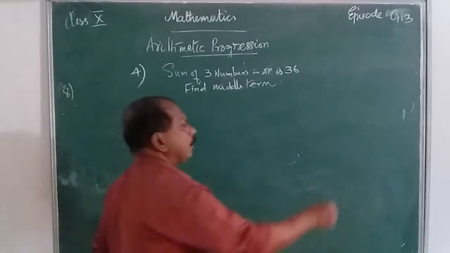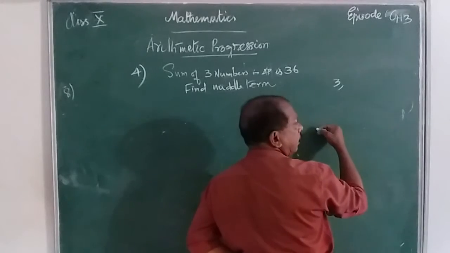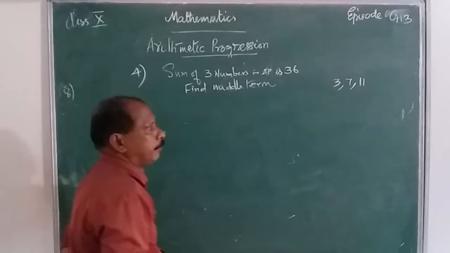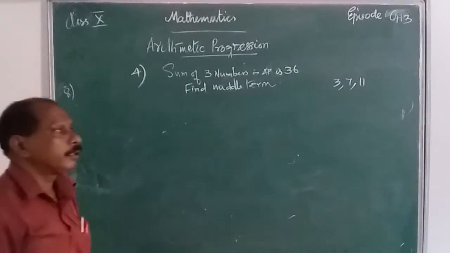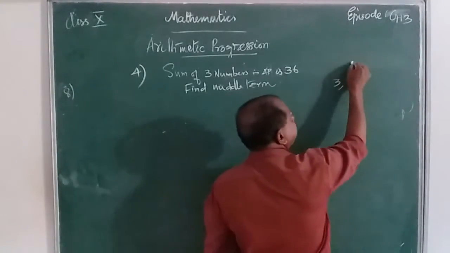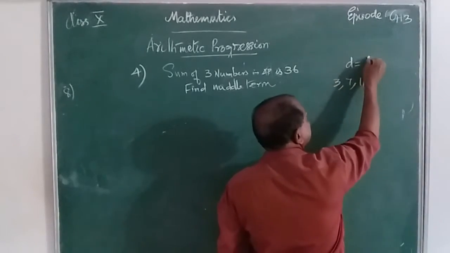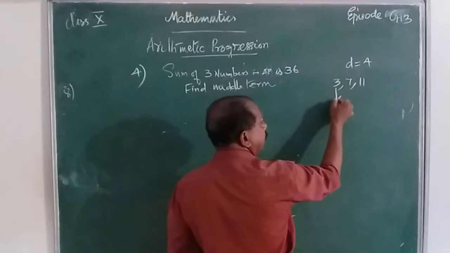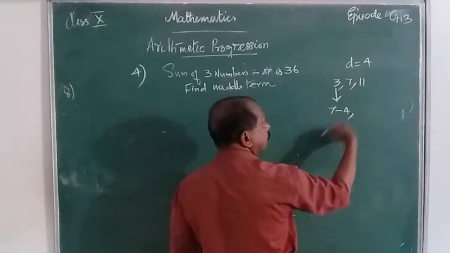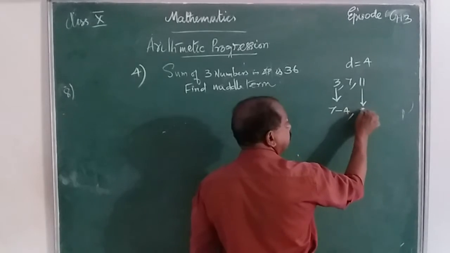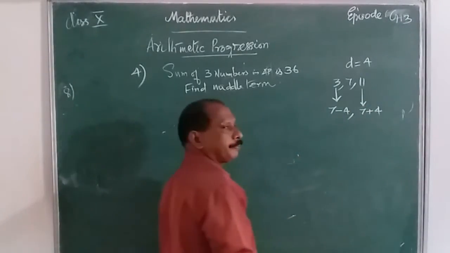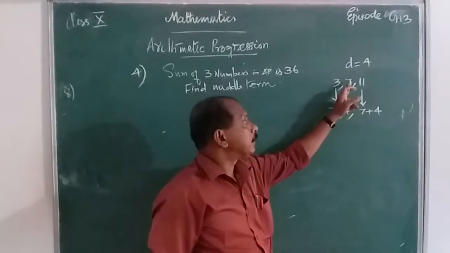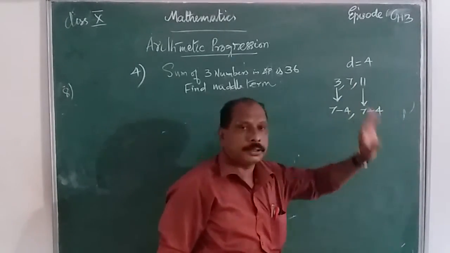Yes, sir. 3, 7, 11. 3 plus 4 is 7, 7 plus 4 is 11. These are in AP. What is d? 7 minus 3 is 4. Then this 3 is 7 minus 4. Then 11 is 7 plus 4. That is the second term minus the common difference is the first term, and the second term plus the common difference is the third term.